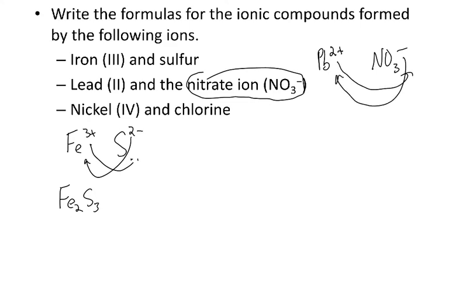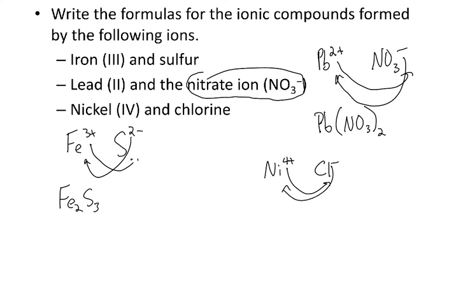And so it's going to be Pb, put the nitrate in parentheses, and there's 2 of them. All right, and then lastly we have nickel 4 and chlorine. So nickel 4, chlorine is going to be -1, so we're going to have NiCl4.